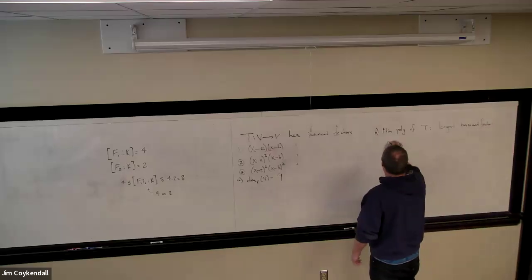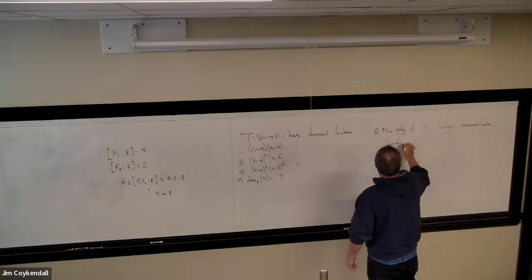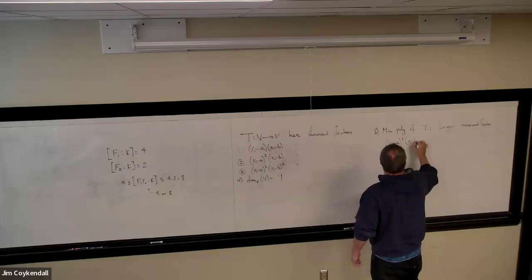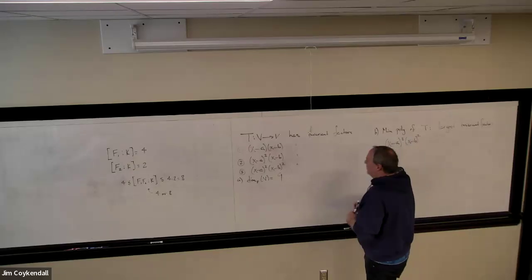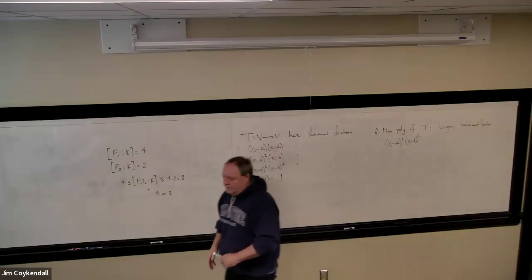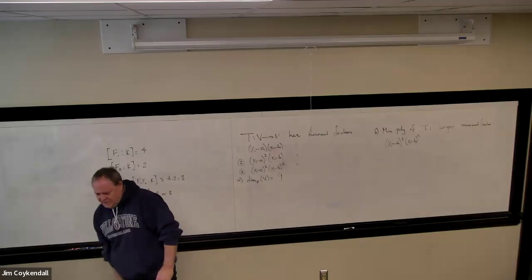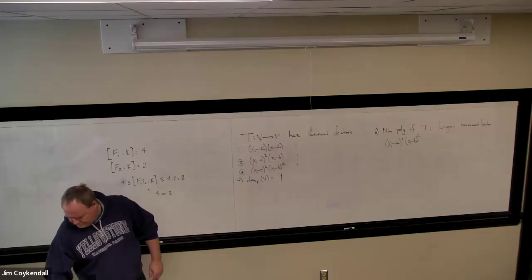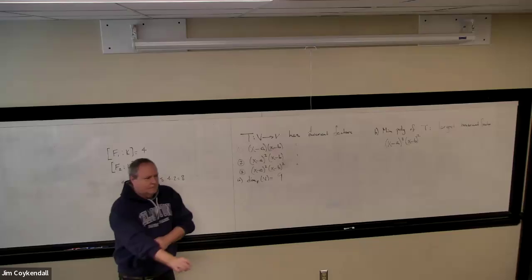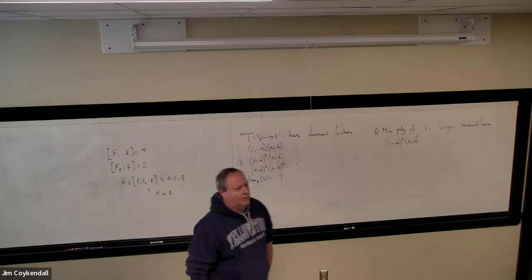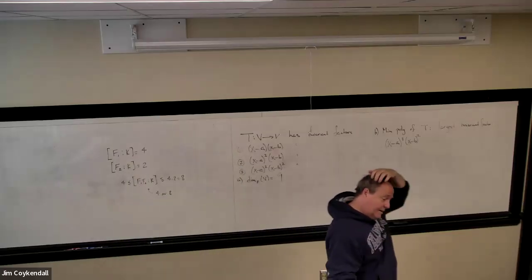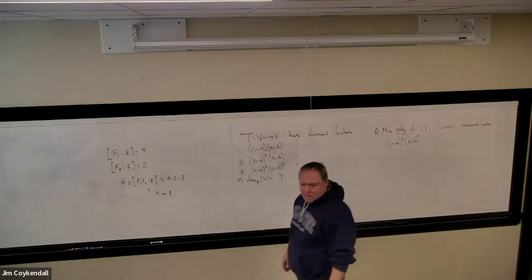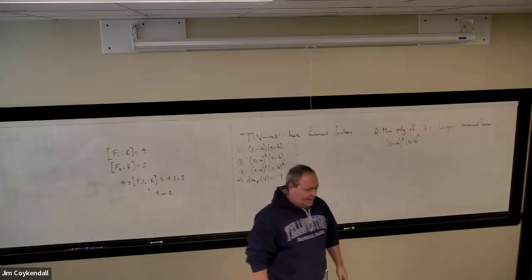Which in this case is x minus a squared, x minus b squared. So that should be the minimal polynomial. Do you always have that the invariant factors divide one another? Yes, they have to. They sequentially divide. So there is an ordering. Yes, that's right.